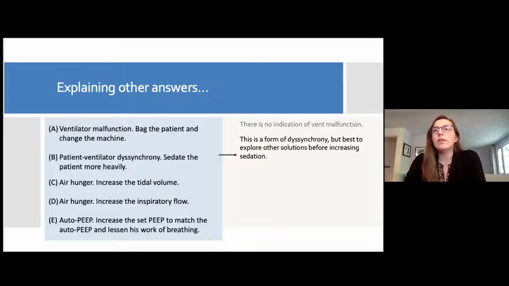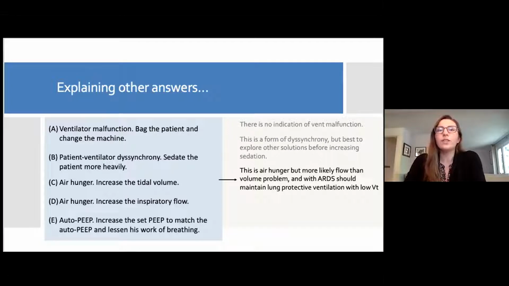You should explore other solutions before increasing the sedation. For C, this is again partially correct. This is air hunger, but it's more likely a flow problem than a volume problem. And particularly in this patient who has ARDS, we should be maintaining lung protective ventilation with a low tidal volume. And so we should try all other options before we liberalize the tidal volume.